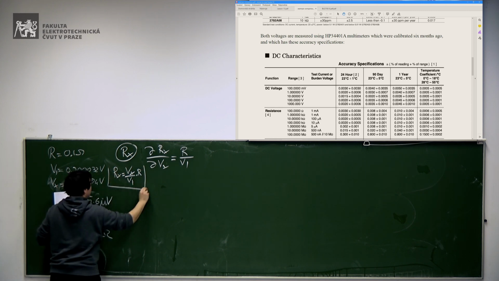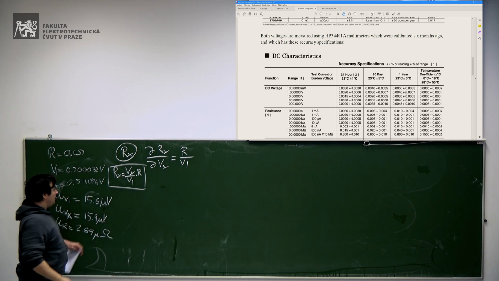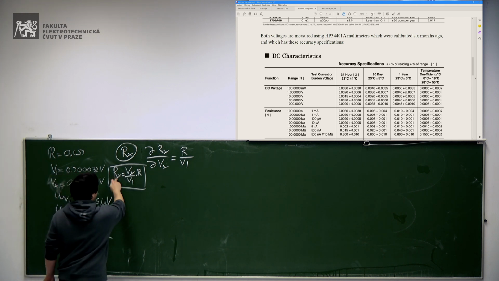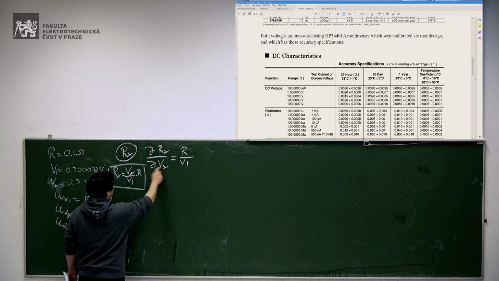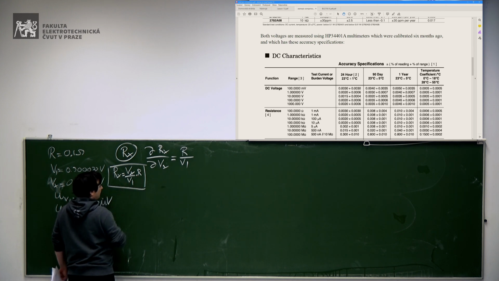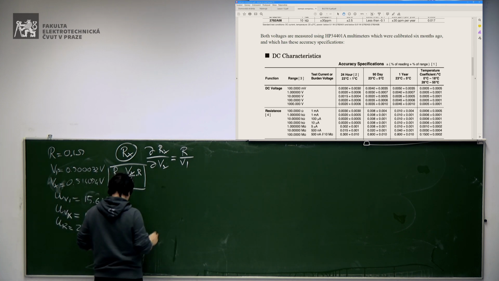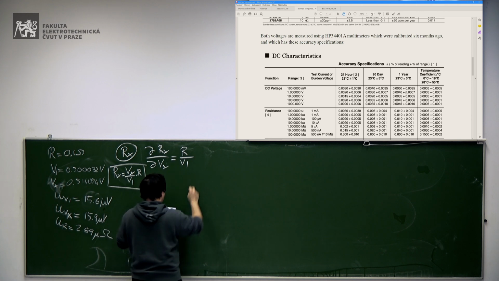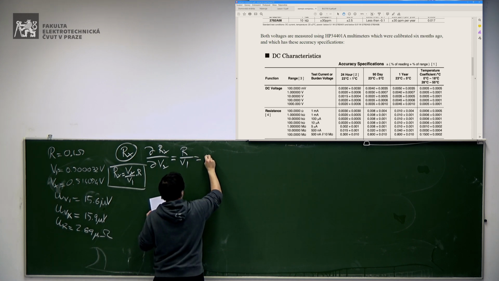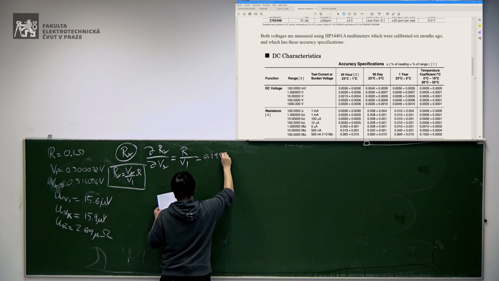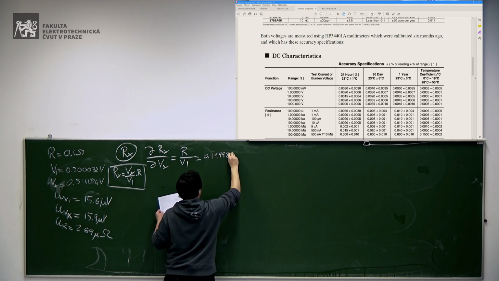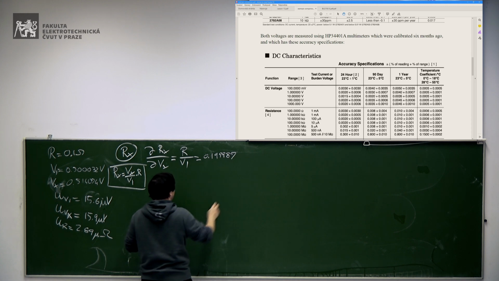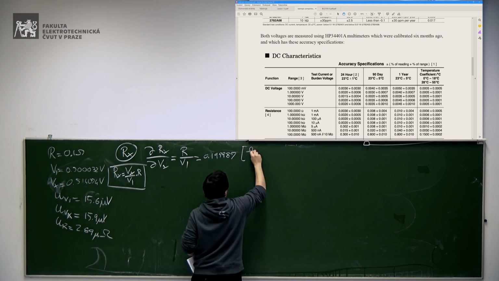So this is the equation. If you take the derivative of Rx with respect to Vx, you get R divided by V1. And if you plug in the numbers, you get about 0.199987, and the unit is ohms divided by volts.